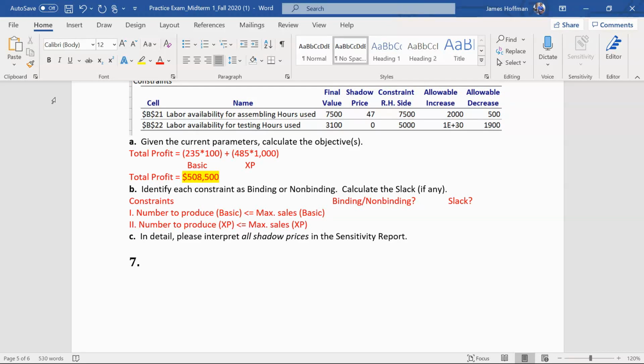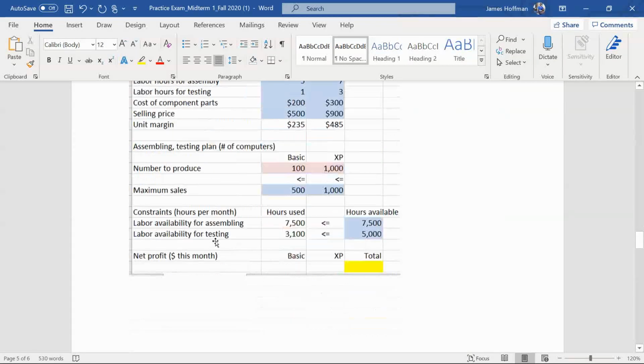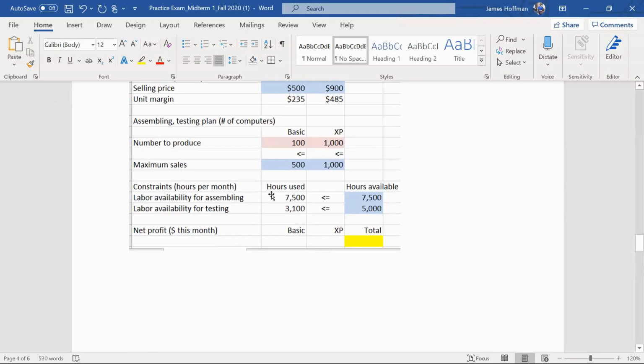Then we have the other range of constraints. If you go back to the screen cap, that is the labor constraint. We can't use more labor than we have available for assembling and for testing.